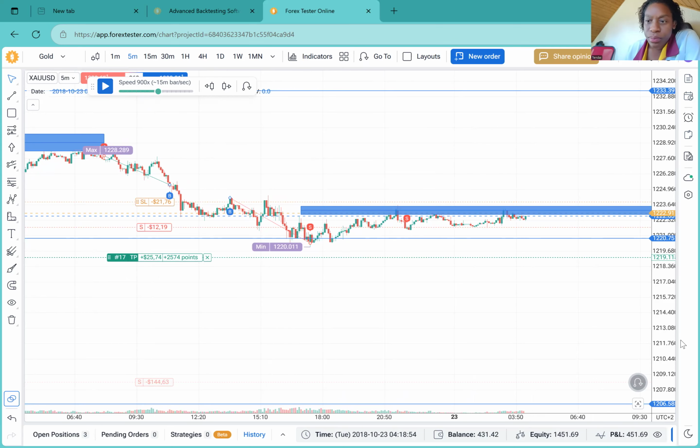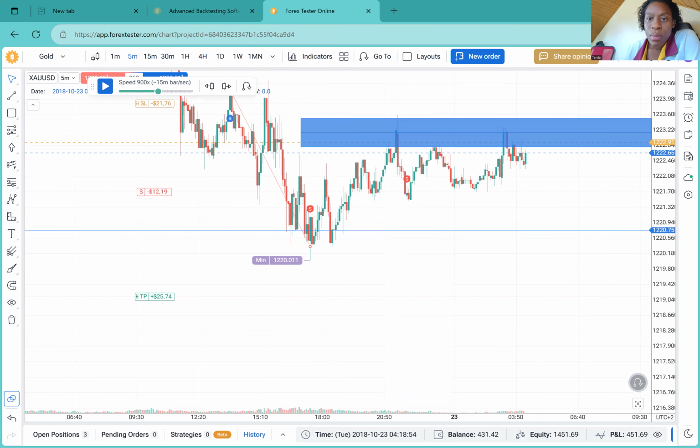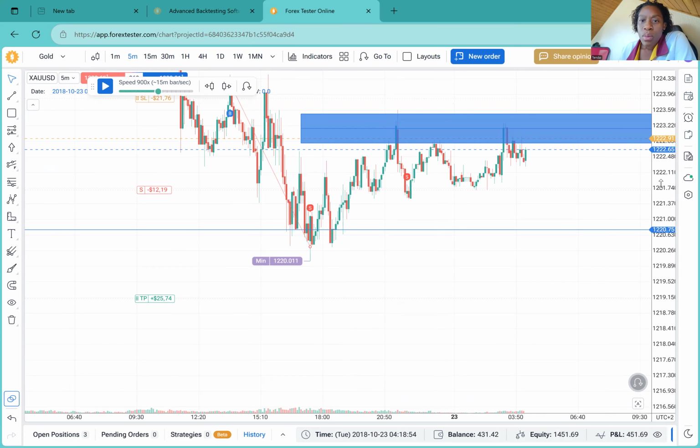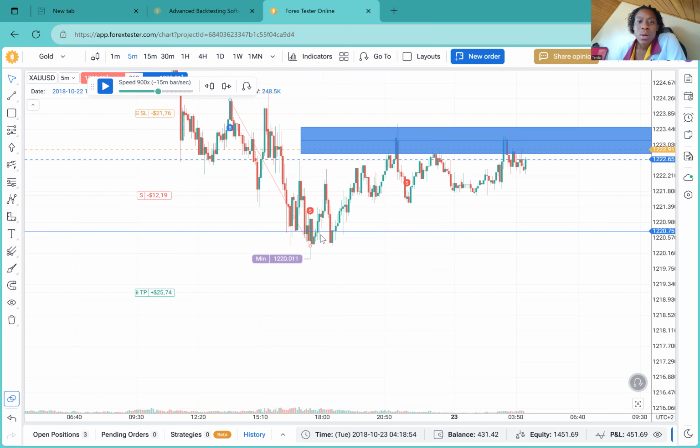So from this swing low here to the swing high, price gave us a higher high.